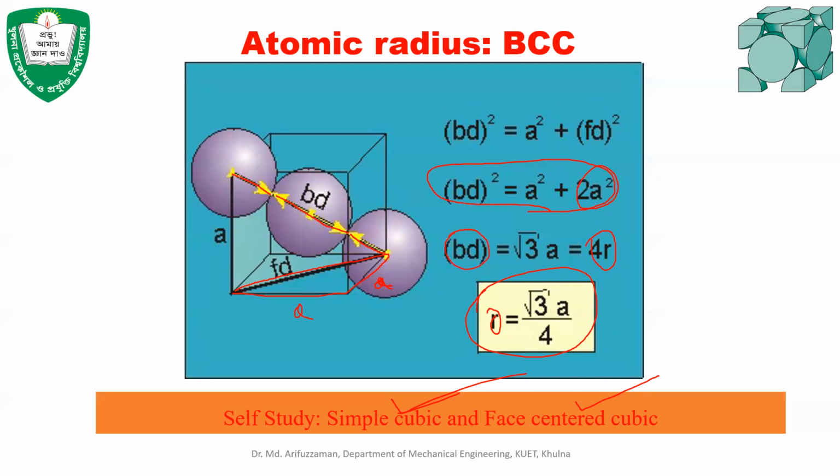How? BD is actually the length from here to here. Okay, the length from here to here is BD. Am I right? Yes, sir. And this BD contains 3 atoms, right? Each atom is connected to each other. So each atom has 2R.